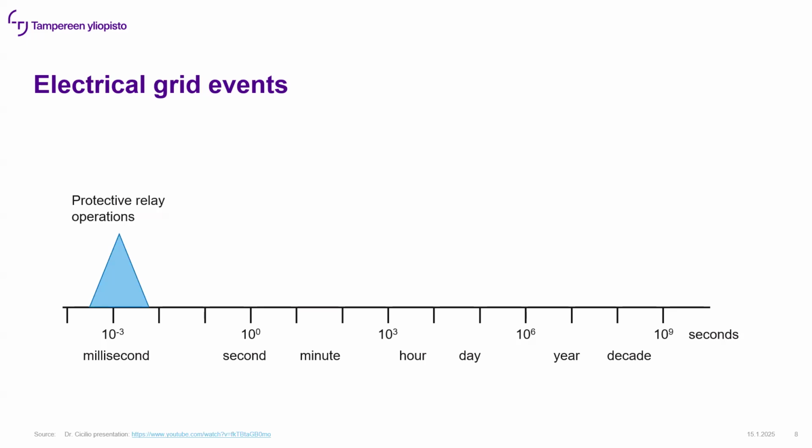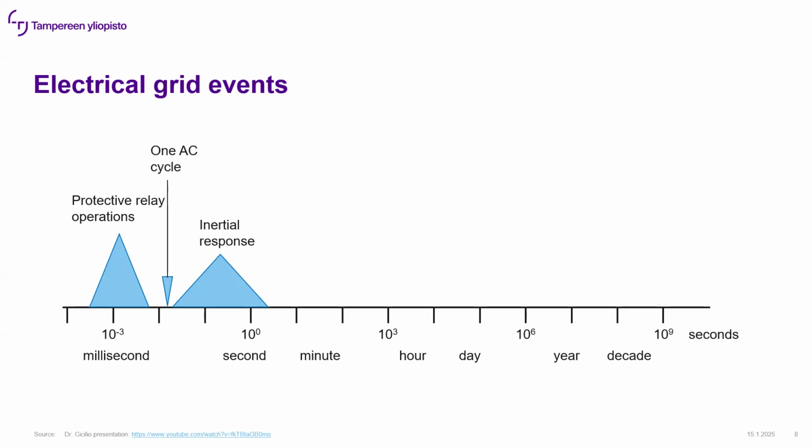They are used to maintain the grid in a way that if some fast perturbation or disruption happens in the network, these are the ones that protect the network. So that's millisecond scale. One AC cycle, so you can calculate that based on the 50 hertz frequency. So what's the AC in here? It's alternating current.